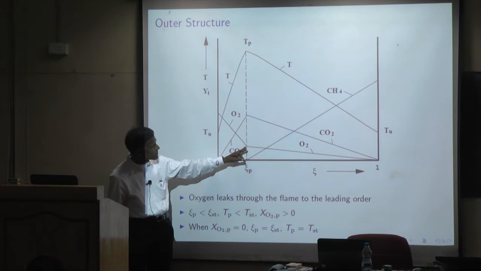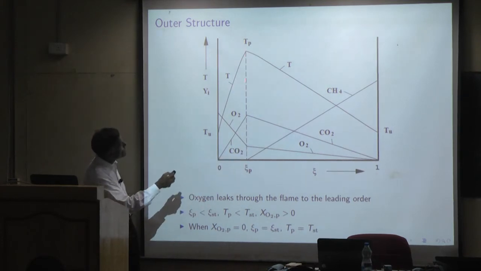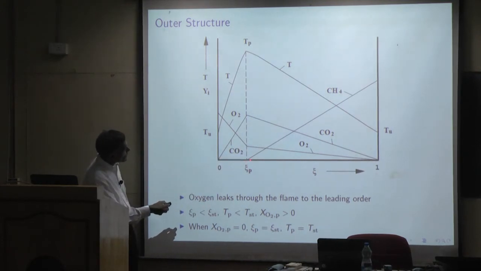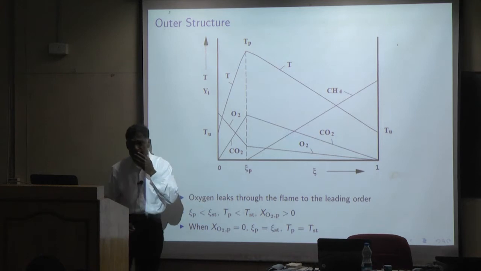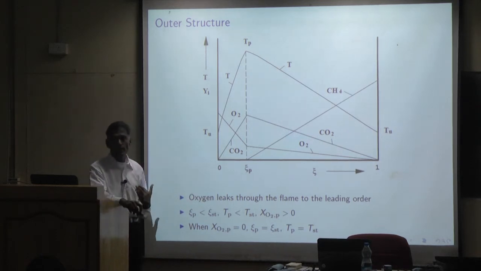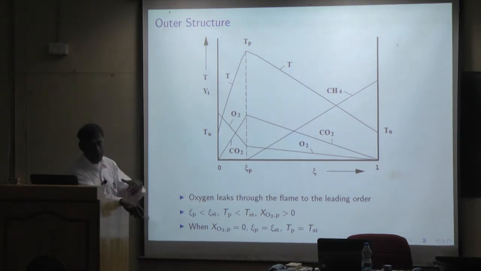I prescribed that the flame is over here and is positioned such that there is some leakage. So this is like Liñán's premixed flame regime, where one forces leakage of oxygen through the reaction zone.